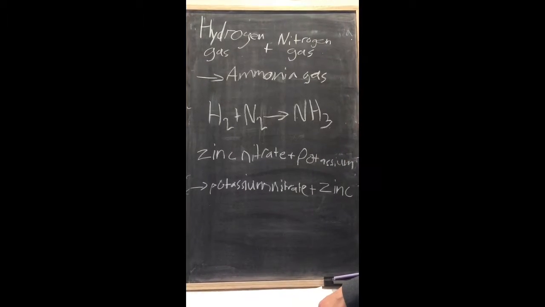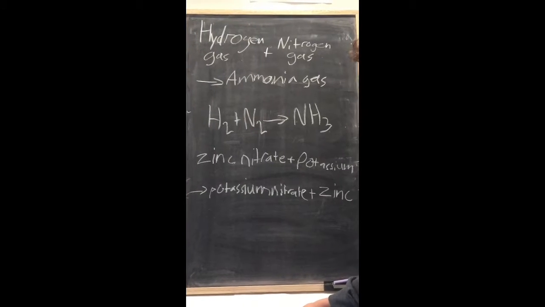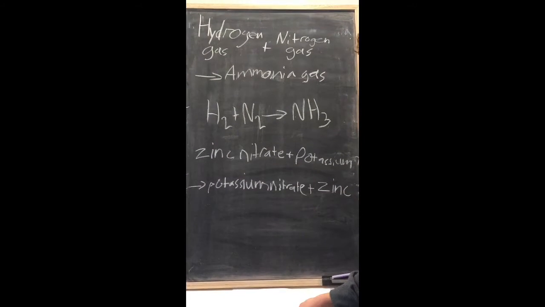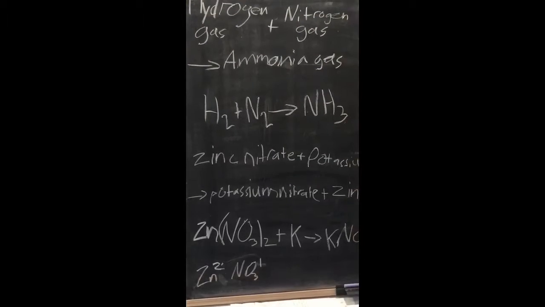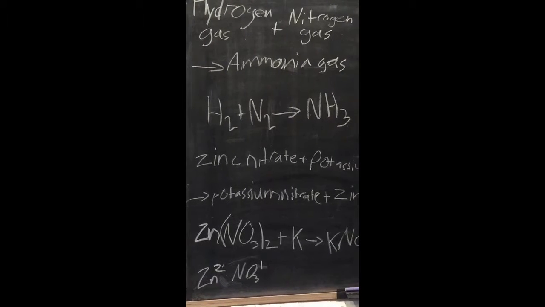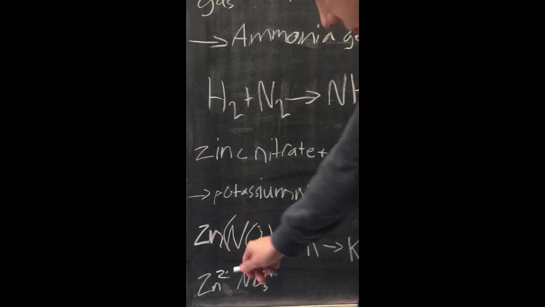A compound's elements need to gain or lose electrons to create a full valence shell. So, since zinc is a transition metal, we refer to its oxidation state, which is 2. So, we put its superscript as 2.